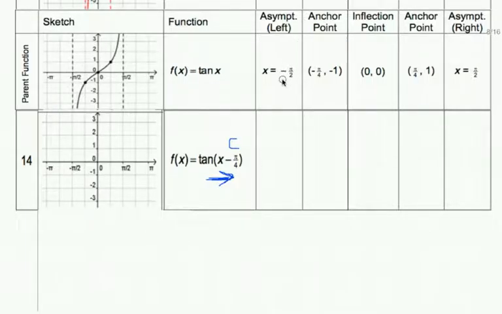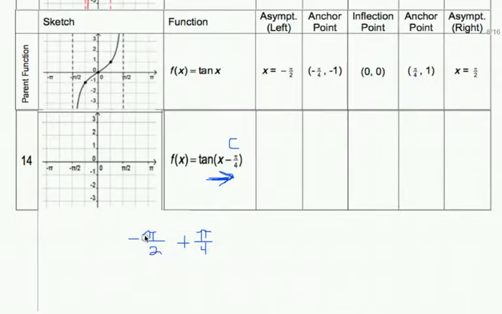You'll start with your asymptote, the negative pi over 2, and you've got to add the pi over 4 to it. Okay, so we add pi over 4, and most of you know that, or at least hopefully most of you remember, that when you add or subtract fractions, you have to have a common denominator.